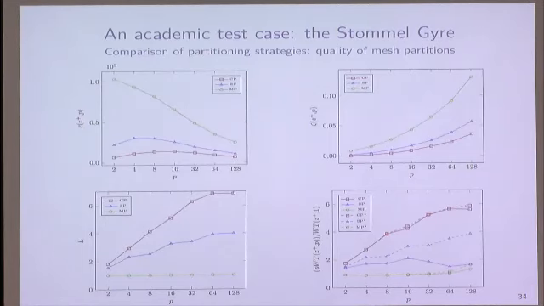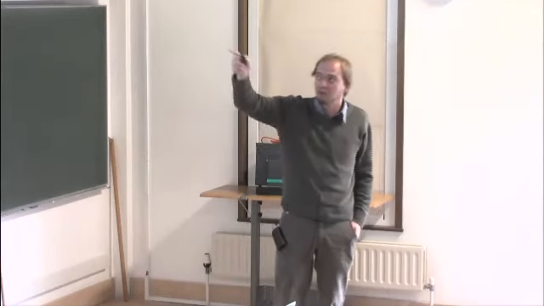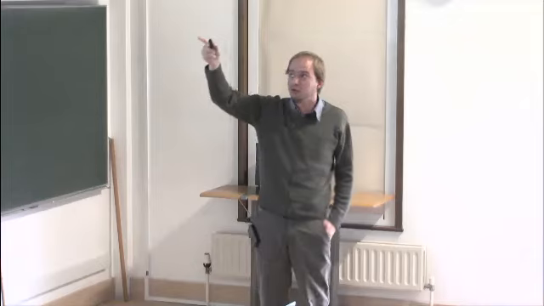So about the quality of the mesh partitioning, the first 2 graphs represent, on the top left, the total communication volume that we will have to perform during a certain amount of time. Here we compare the three partitioning strategies, and we see that, as expected, the highest amount of communication is performed by the multi-constraint partitioning.